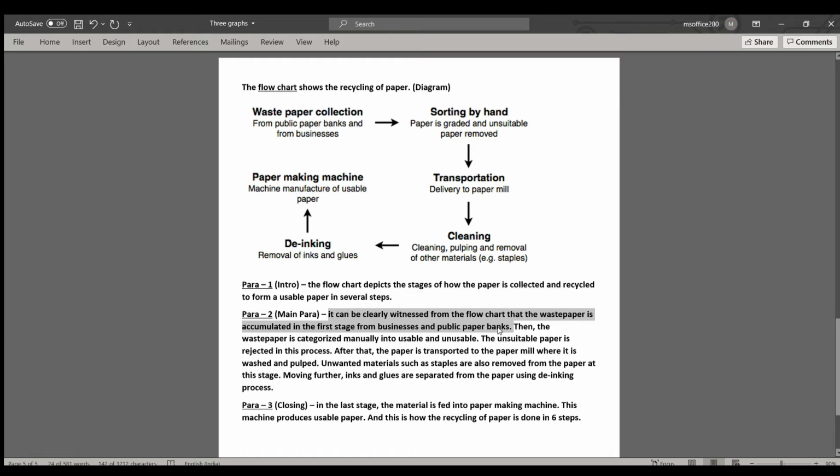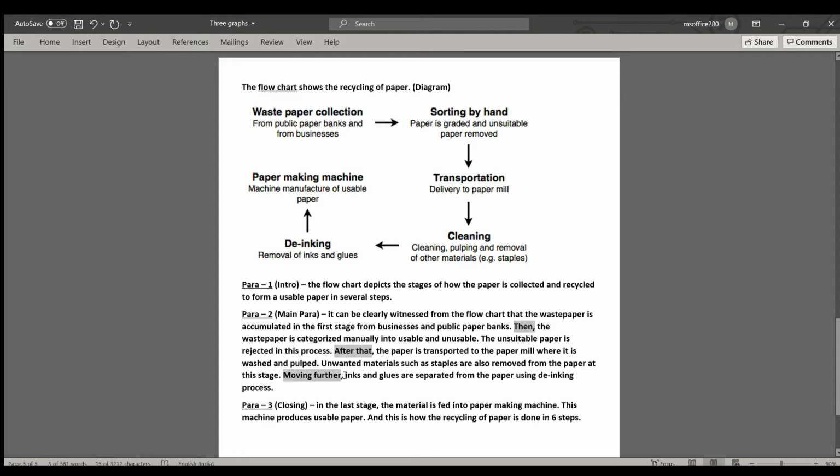Now you can clearly see I've used a connector at the start. Then means when you're moving from the first stage to the second stage. And again, when you're moving from the second stage to the third stage, you must always use a connector. In this case, I've used then, and moving from second to third stage, I have used after that, and from third to fourth, I've used this.